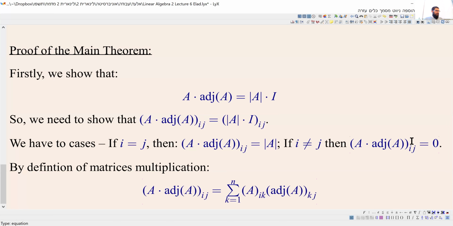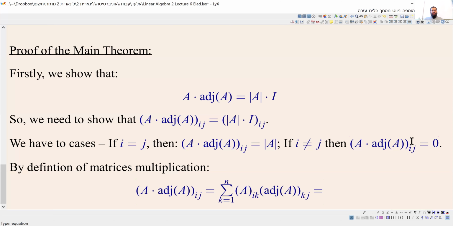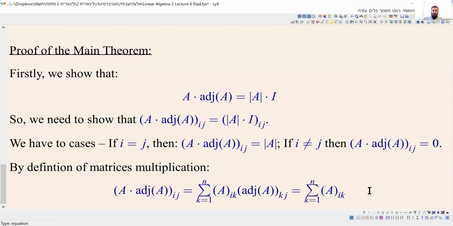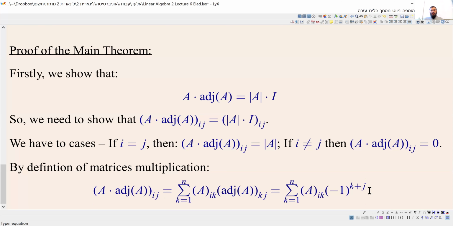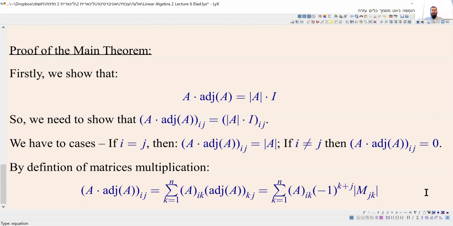That's the definition of matrix multiplication. Now, we know by definition what the kj element of the adjugate matrix is. It means minus 1 to the power of k plus j multiplied by the determinant of the jk minor, right? So now we are using the definition of matrix multiplication and the definition of the adjugate matrix.